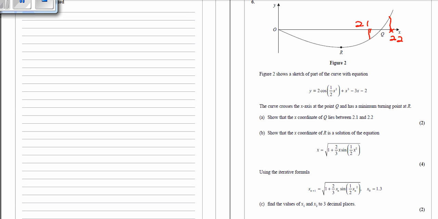That's what we do. You say y equals 2 cos, and if we're doing cos of this, we're going to need to be in radians.